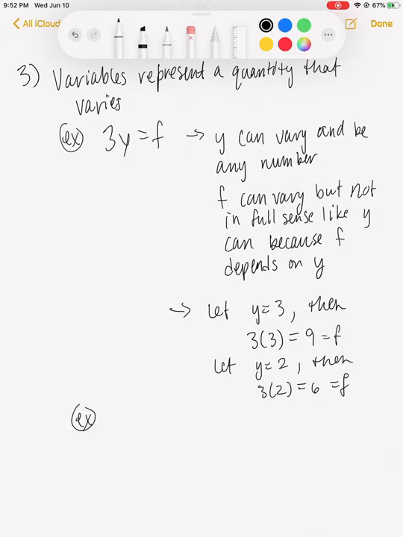Here's a real life example. 10d equals p.